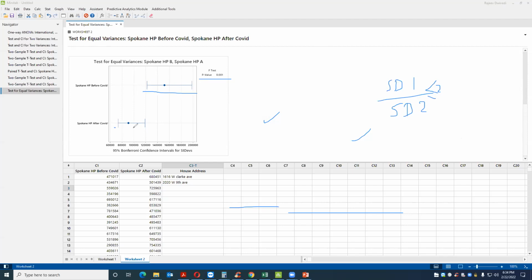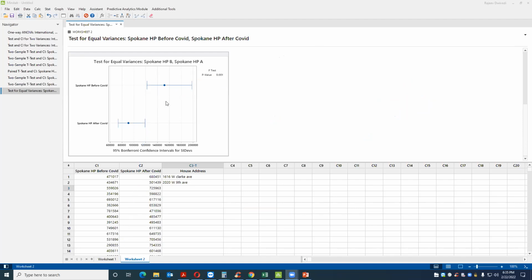So look into this. Their variations are different. The null hypothesis is: if the P value is greater than alpha, you say equal, and if the P value is less than alpha, this is unequal. So you can clearly see this is the case of unequal variance.